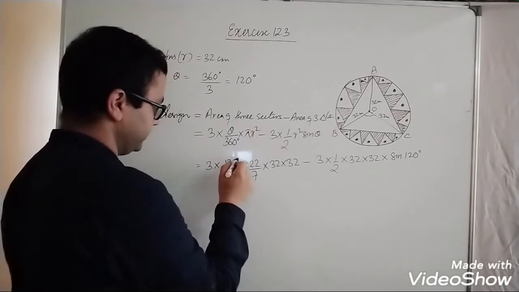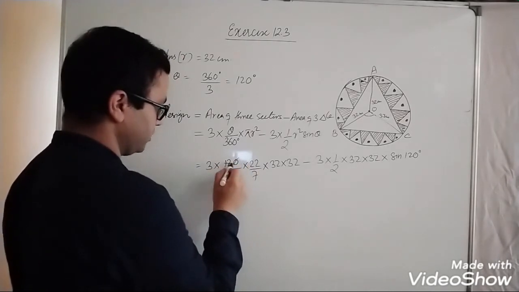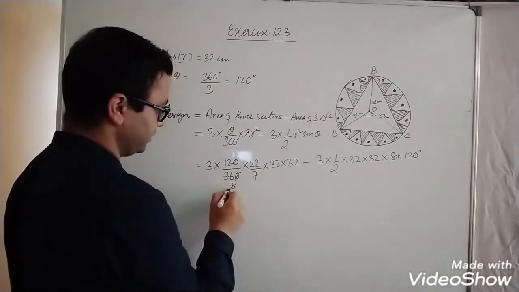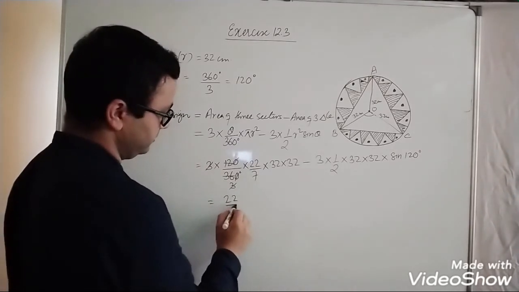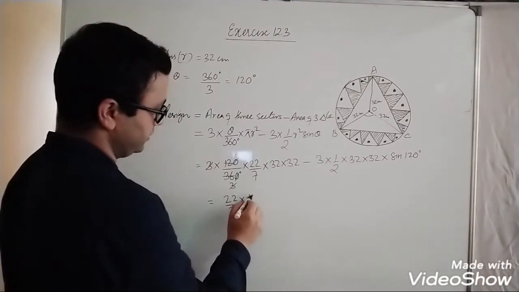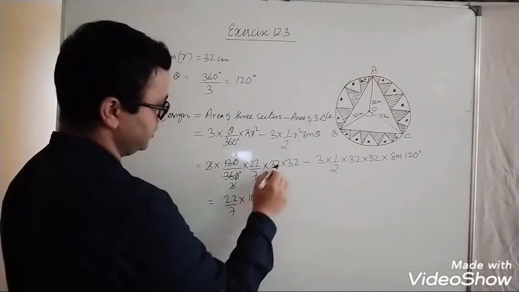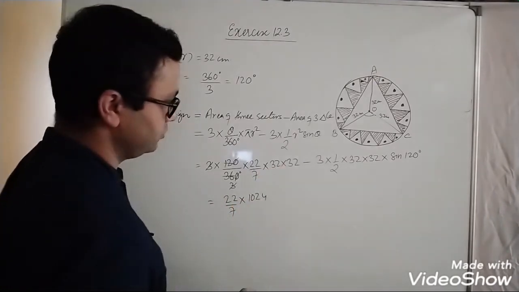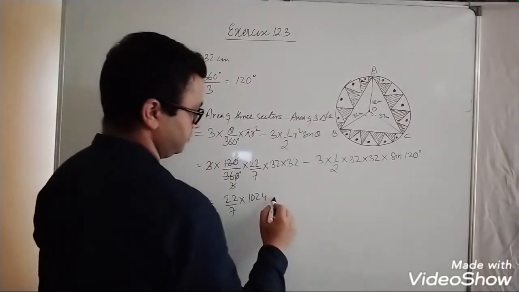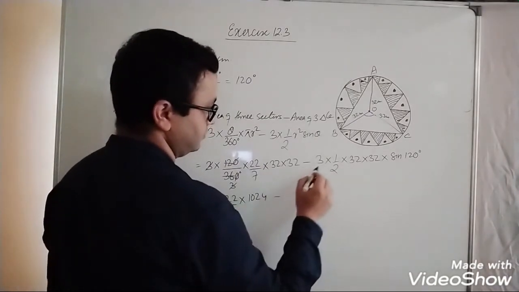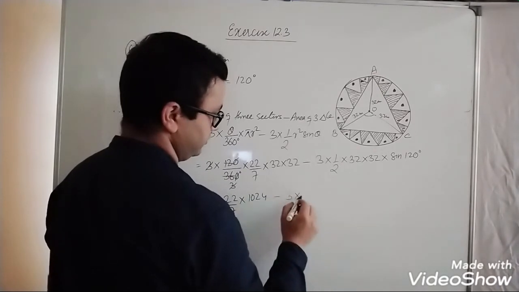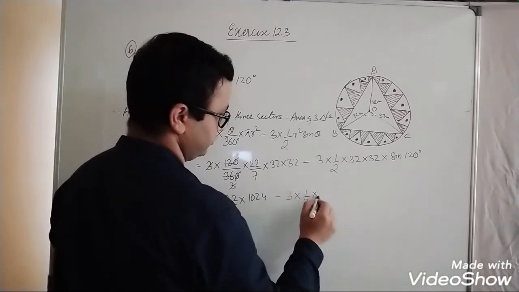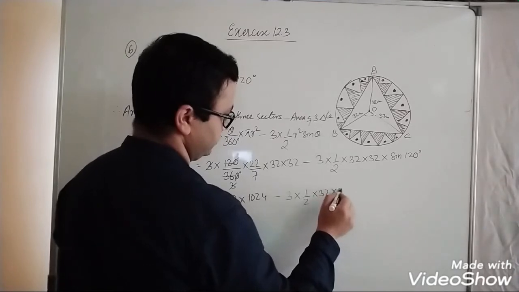Here the zeros cancel, 12 1 12, 12 3 36, again 3 3. So this equals 22/7 into 1024, because 32 into 32 is 1024, minus 3 into 1/2 into 32 into 32.